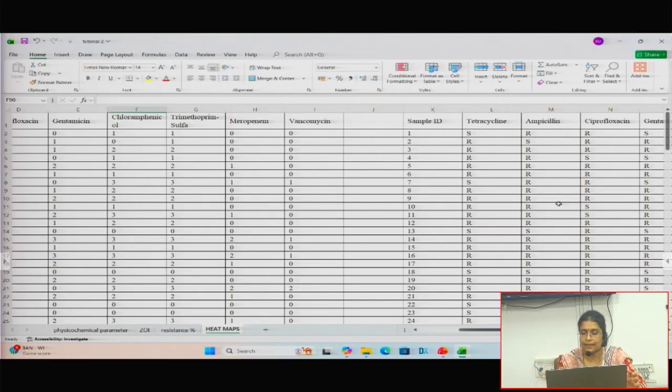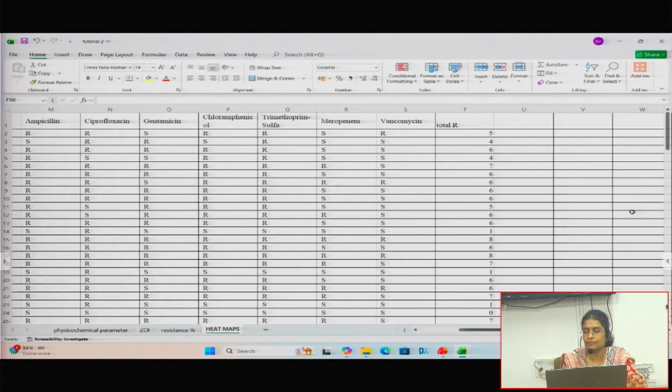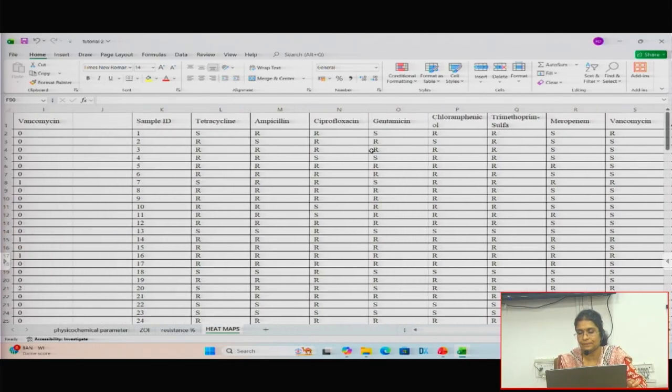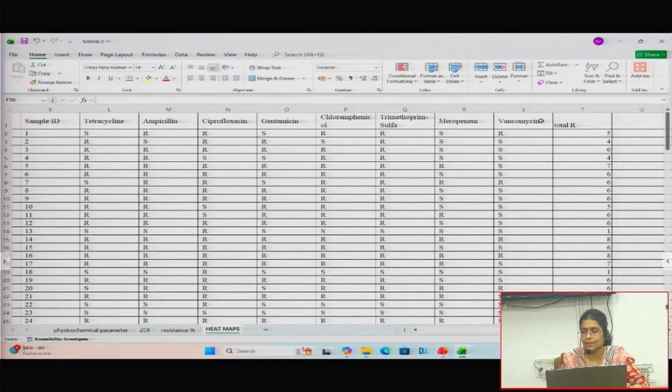All right. Here again, can you calculate the values of percentage resistance and total R? Calculate the total R first, because for percentage resistance you would require the total R. Can you put a formula in Excel?